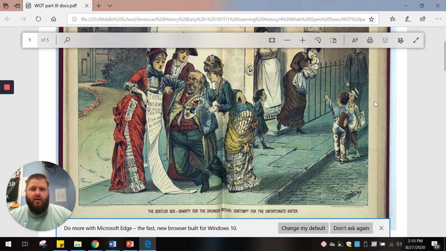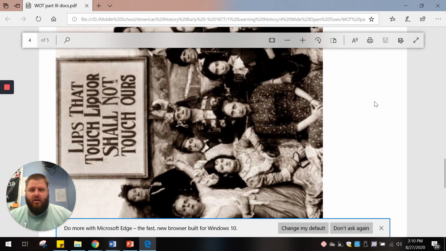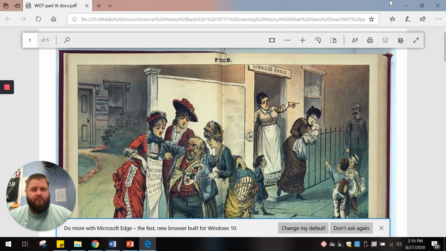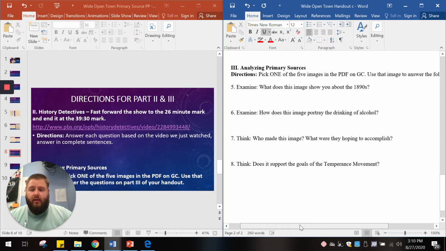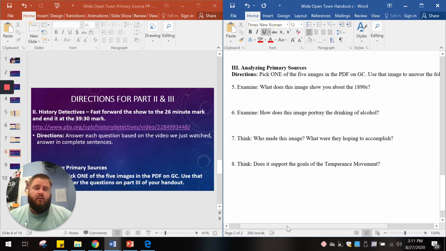You'll come across 5 different primary sources to look through, but you only need to pick one of them. Pick one and answer these 4 questions on it. You don't need to answer questions for all of them. Just pick whichever one looks interesting or whichever one you'd like to examine and learn more about.